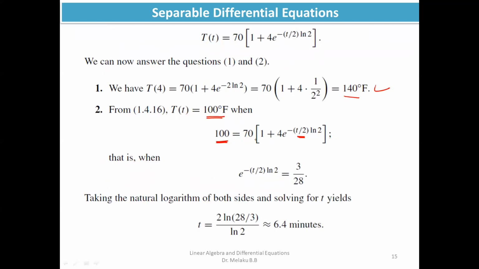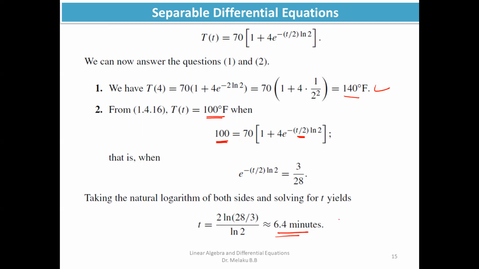Therefore, 100 equals 70 times 1 plus 4e raised to minus t over 2 ln 2. Then upon rearranging, we'll have e raised to minus t over 2 ln 2 equal to 3 over 28. And then, applying logarithm to both sides, we'll have t approximately equal to 6.4 minutes.